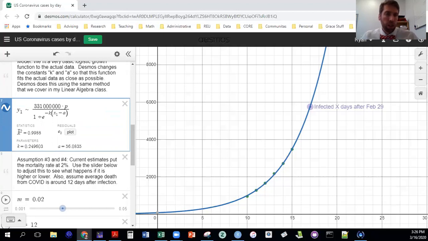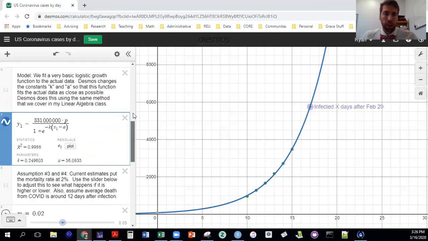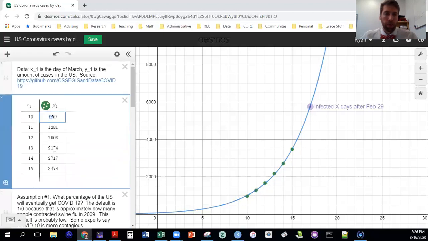Now you see here, this r squared. If you think about these green dots, you think about their y values, so these numbers right here. A middle school level statistics problem is to calculate the standard deviation of those numbers.